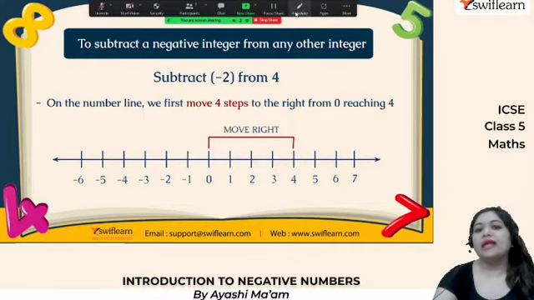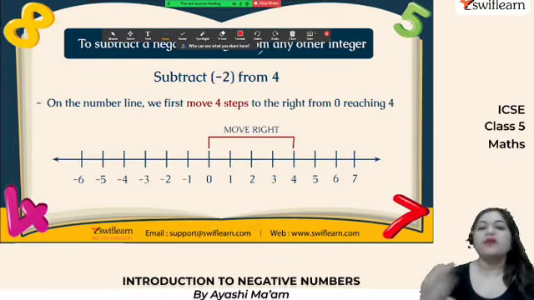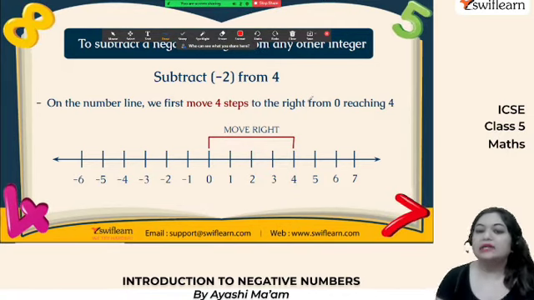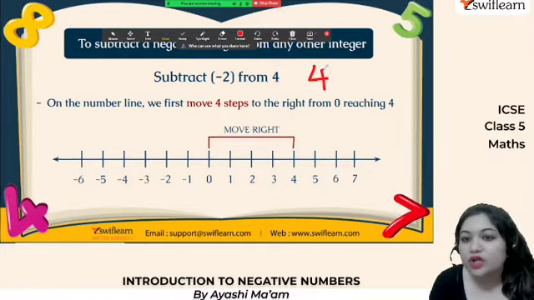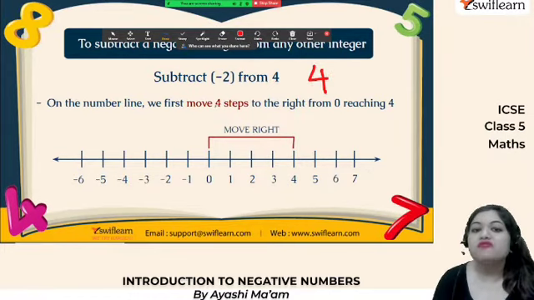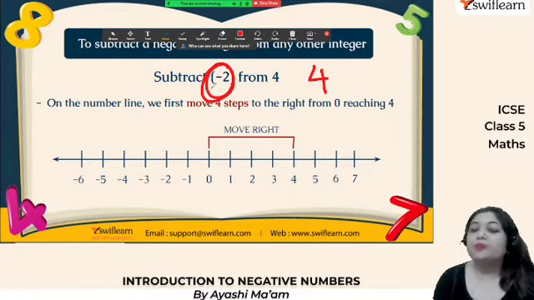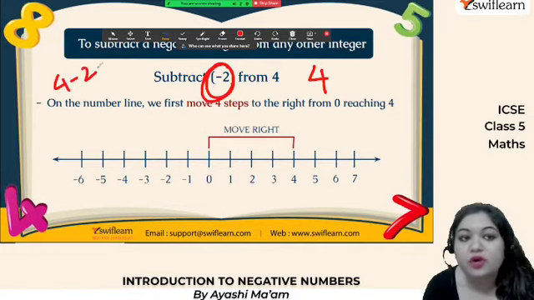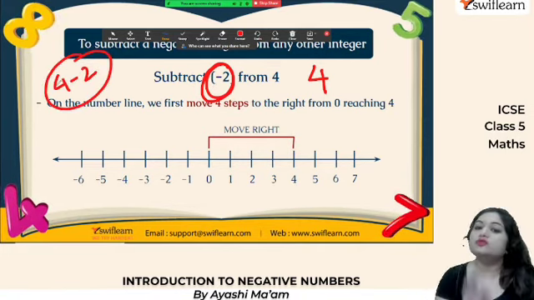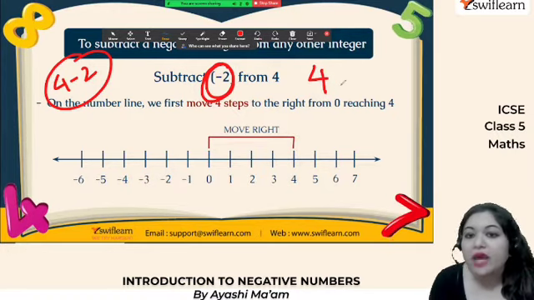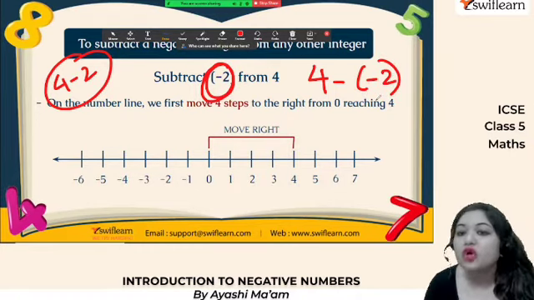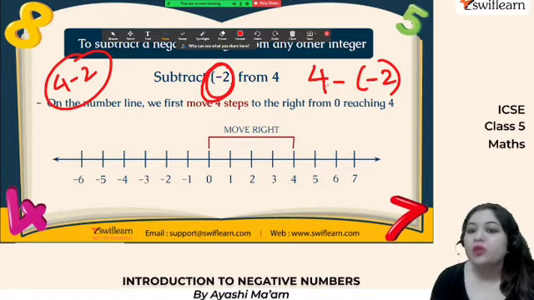Now, to subtract any negative integer from any other integer. For example, subtract minus 2. So, when we are doing 4 minus of minus 2, right? The previous one that I showed you, that was for 4 minus 2. But when we do 4 minus of minus 2, then what will happen?